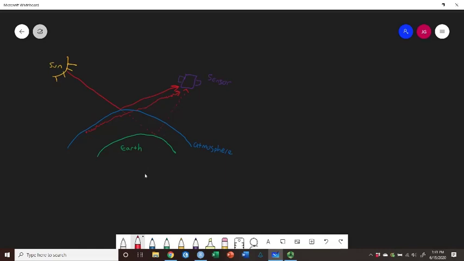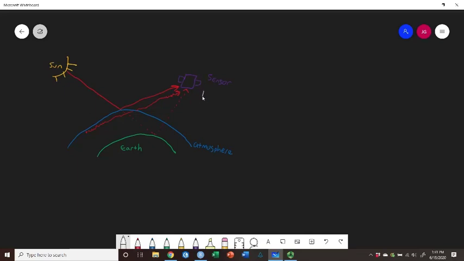The first thing I want to clarify is what's called top of atmosphere radiance. This diagram right here is called top of atmosphere radiance, because we have the atmosphere being included in the pixel value. If we do nothing, this is what the picture looks like. In this case, we're including information from the surface and from the atmosphere.